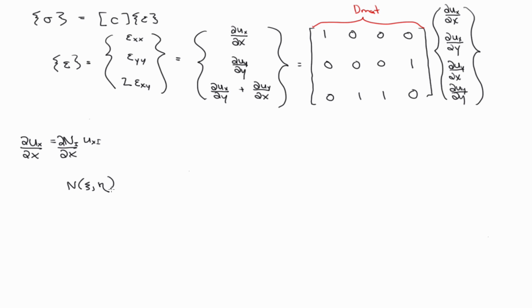But there's some mapping that we're going to assume to be invertible, that xi is some function of x and y, just like eta is some function of x and y, just like x is some function of xi and eta, and y is some function of xi and eta. There's some mapping between the physical coordinates and the coordinates in the parametric space.